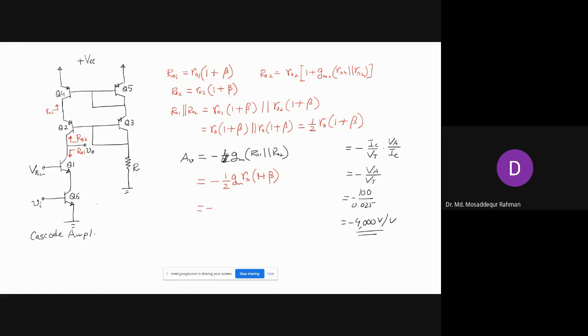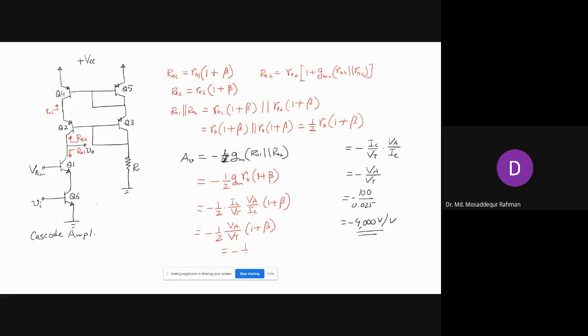Right, so you have minus half, gm is IC by VT and R0 is VA by IC, times 1 plus beta. So we get minus, this is VA by VT, right? And 1 plus beta.